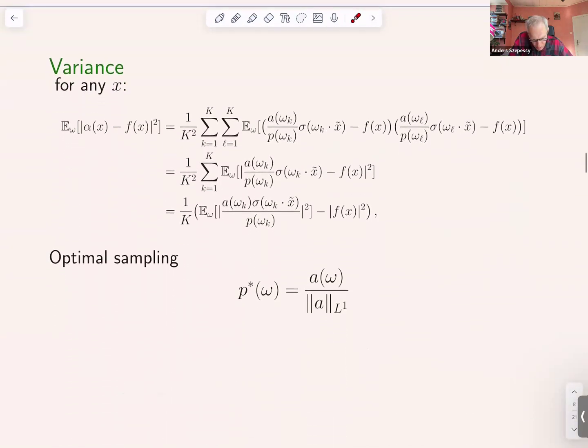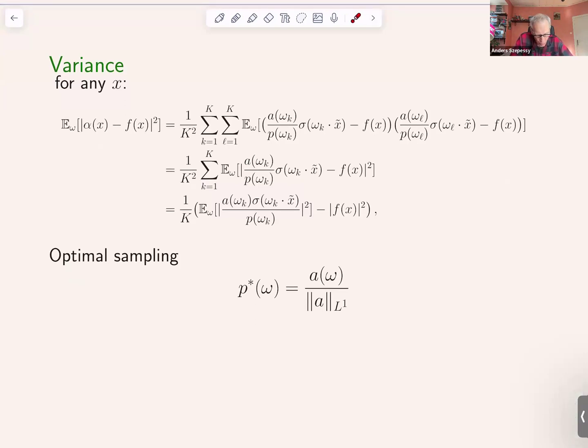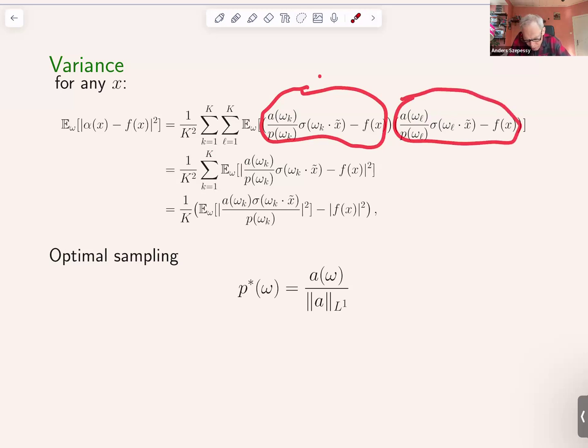Now, the training error can be related to the loss here. So the variance of this, we saw that there is no bias. So this is the variance with respect to the test neural network alpha. So I write up what it is. We have a sum over k and over l from 1 to capital K. And here we have the difference, twice.